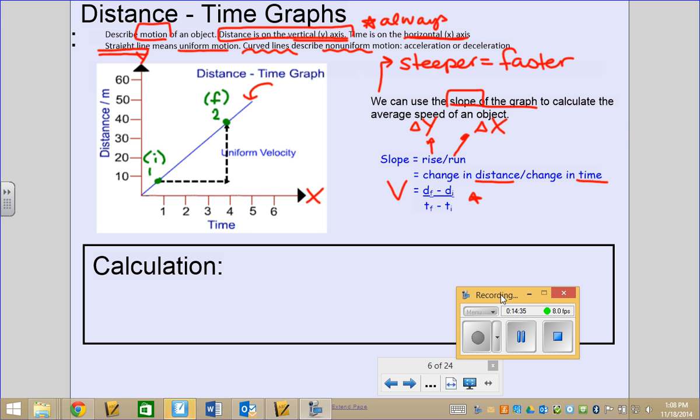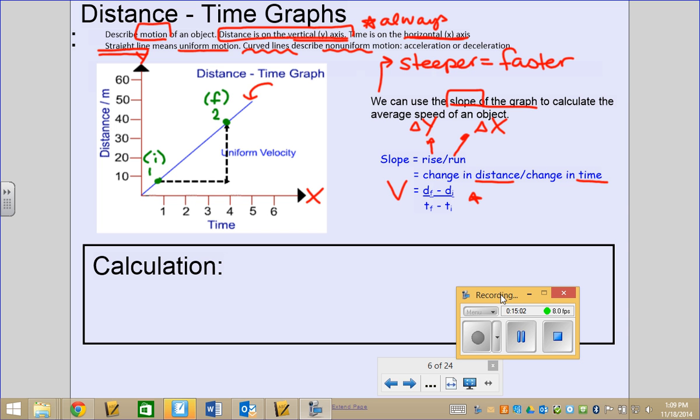And it's important that you number them this way, because we're always going to take the final minus the initial point. And you might say to yourself, well, that's easy. I'll just take the big one minus the small one. But we'll see in the next section that lines don't always go up on graphs. Sometimes they go down. And so it's really important that the one that's on the left is the first one, and the one that's on the right is the final or second one.